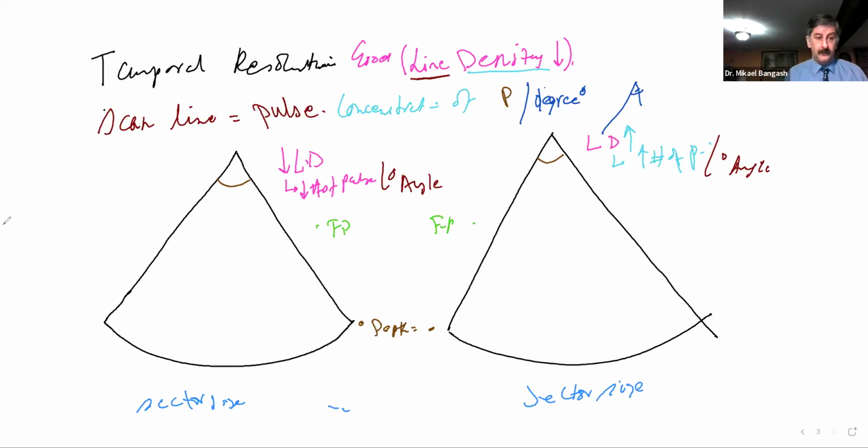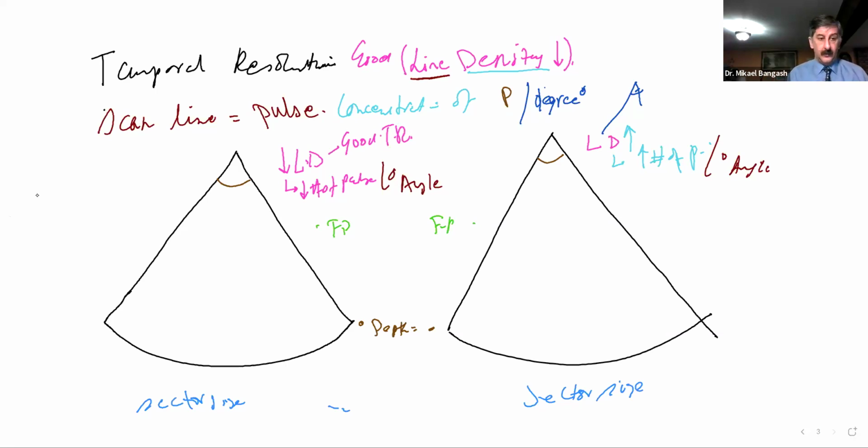So what we get in this image here, mainly because of a low line density, will give us a good temporal resolution.